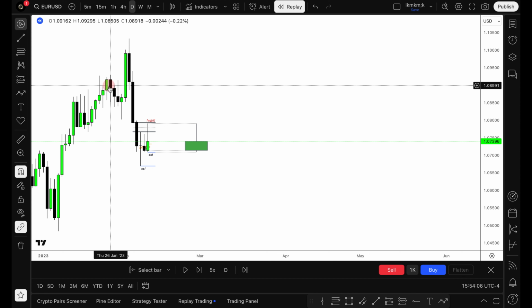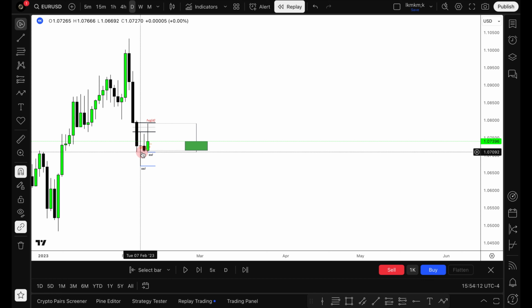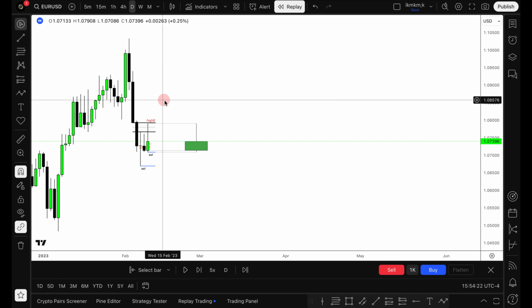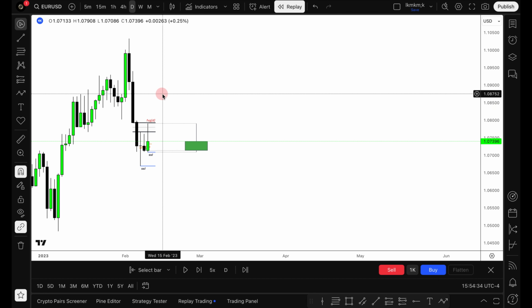As you can see here, price moved higher, and then we got a huge sell-off or displacement to the downside, which formed a daily fair value gap. I'm not going to talk about what a fair value gap is in this video because of time, but I've got a previous lesson on what a fair value gap is and what it looks like, so go watch that to understand it.